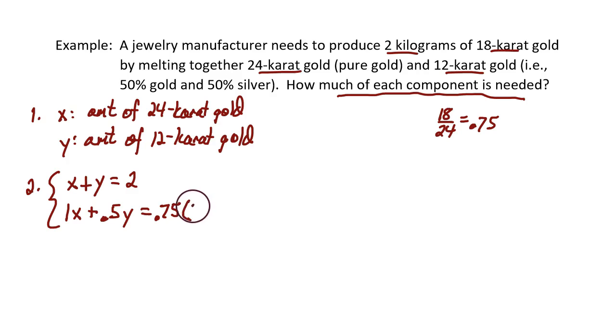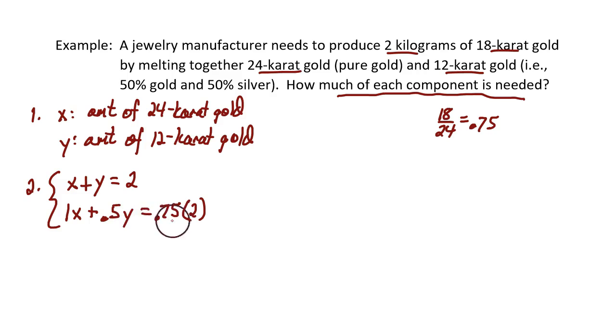And we have created 2 kilograms of that gold. The first equation is about the mass of the components equaling the total mass of 2 kilograms. The second equation is about the percent of gold in the different components being equal to the percent of gold in our 2 kilogram mixture.